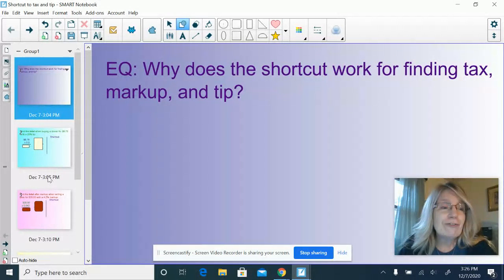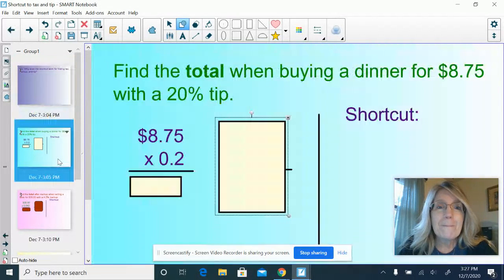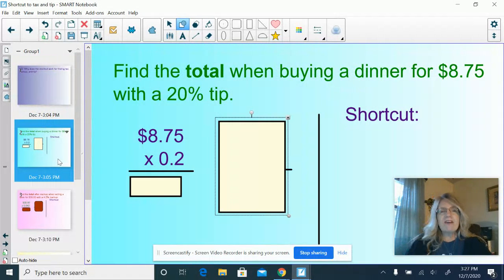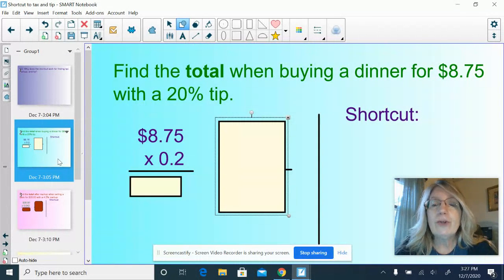So here we go. The first example says find the total when you're buying a dinner for $8.75 and you want to get a 20% tip. So here's our review from last time, and I'm not going to spend a lot of time reviewing. $8.75.